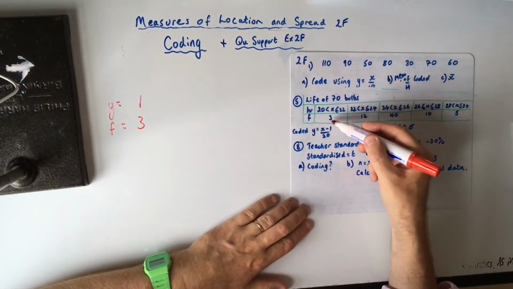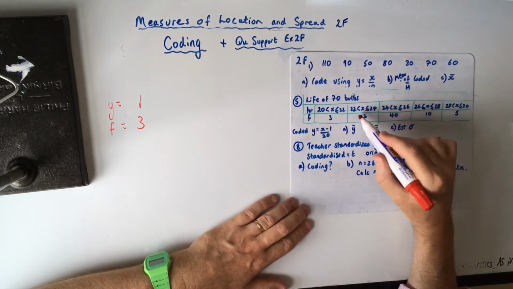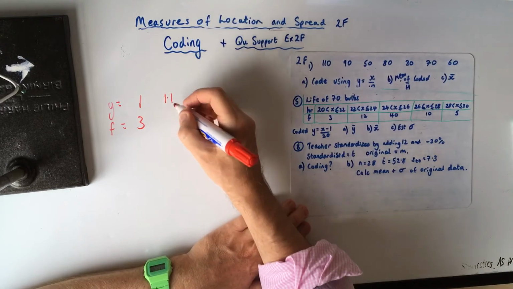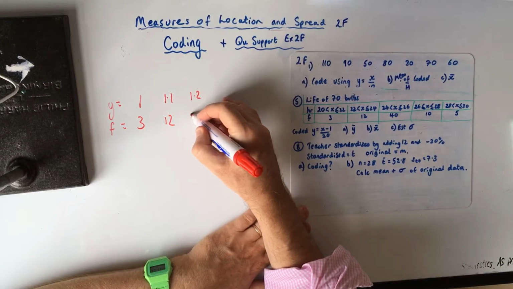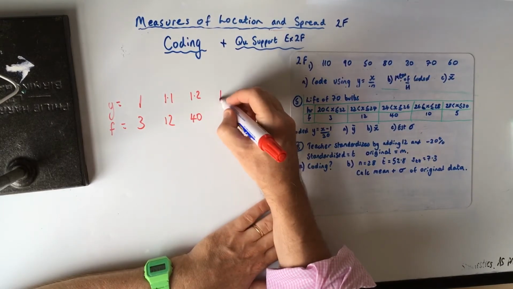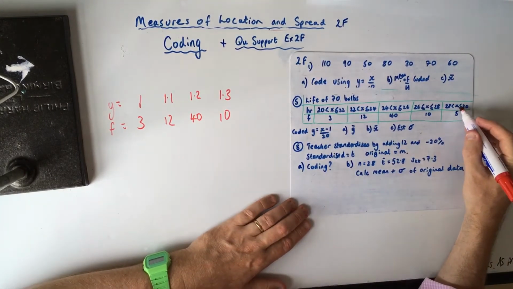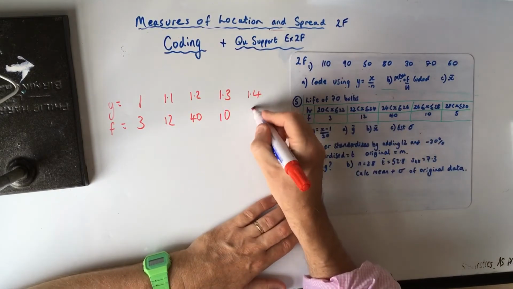This group, applying this coding to the midpoint, so 23, take away 1 is 22, divided by 20 is going to be 1.1, and the frequency is 12, and then it's 1.2 and 40, 1.3 and 10, and the last one, 29 take away 1 is 28, 28 divided by 20 is 1.4, and it's 5.